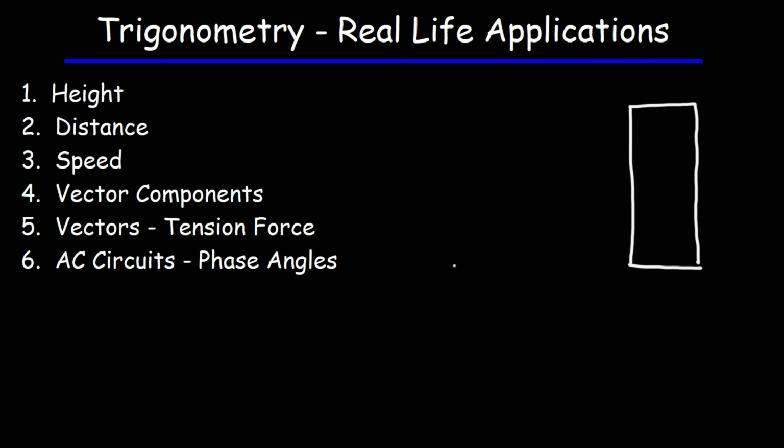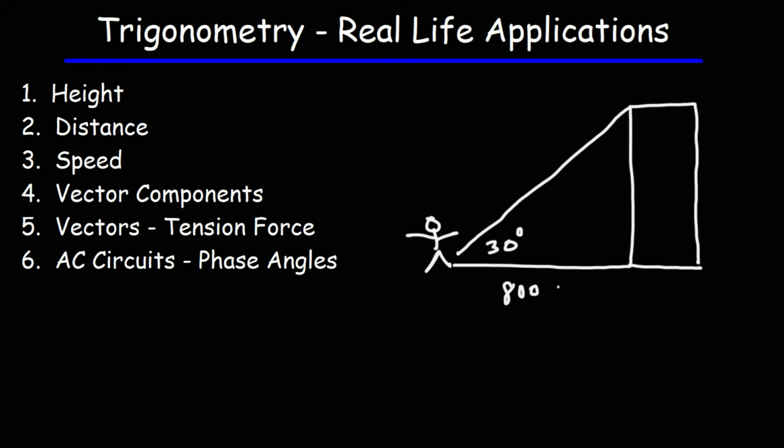What you need to know is the distance between you and the building, and the angle of elevation from the ground to the building. So let's say the angle is 30 degrees and you're about 800 feet from the building. You can calculate the height of the building using the tangent function.